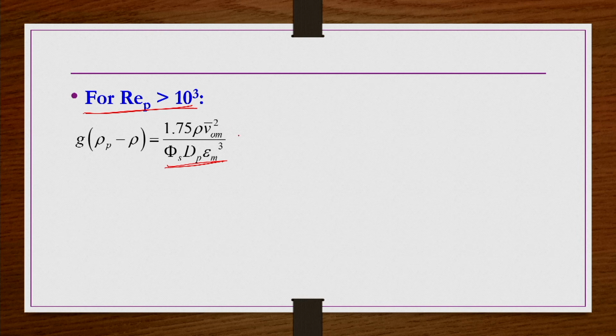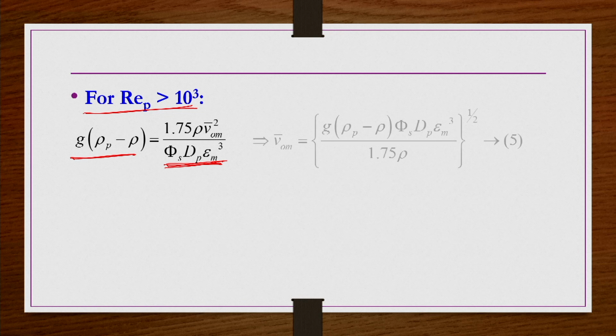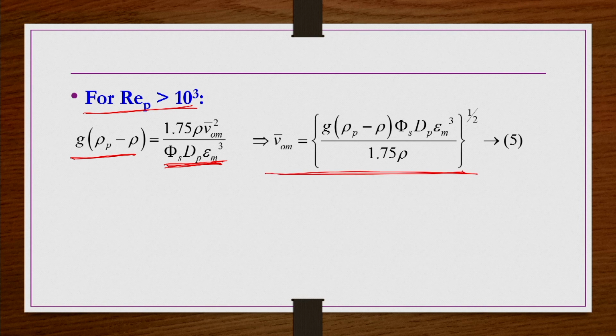There is 1 minus epsilon m on the right hand side also, so the 1 minus epsilon m on the left and right hand sides cancels out. In equation 2 that we derived, the left hand side we keep as it is, and on the right hand side we take the term associated with large Reynolds number, that is the second term only. This is valid for large Reynolds number, 10 power 3 or more. So, from here the minimum fluidization velocity is nothing but the square root of g delta rho phi s dp epsilon m cube by 1.75 rho.